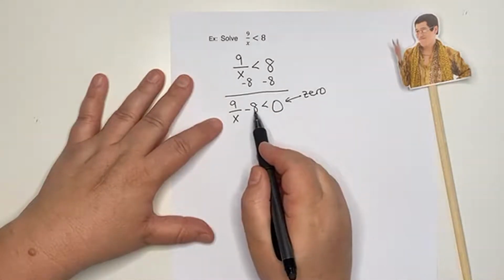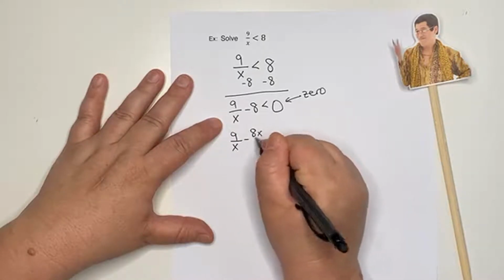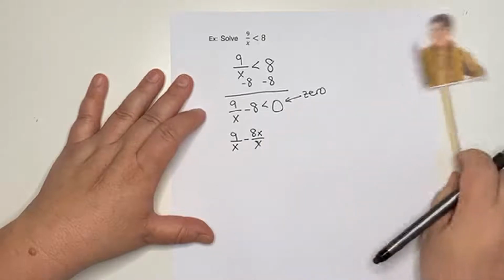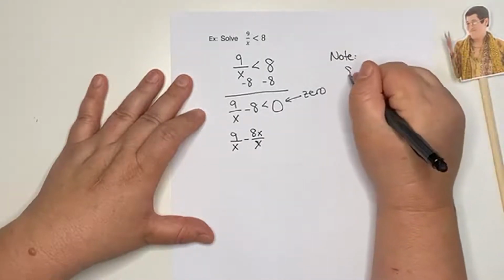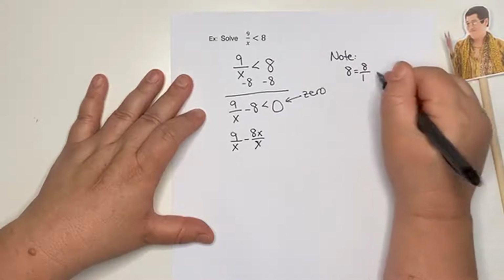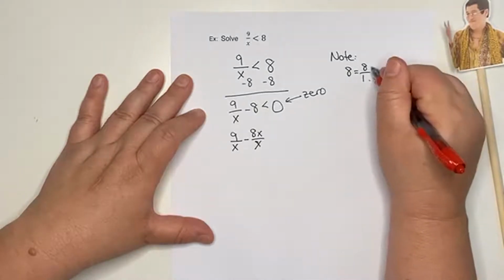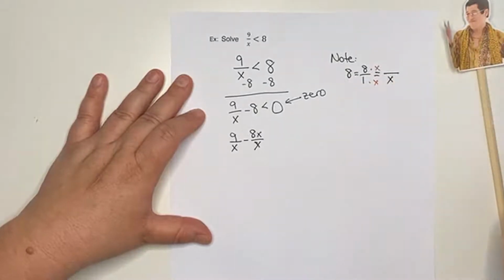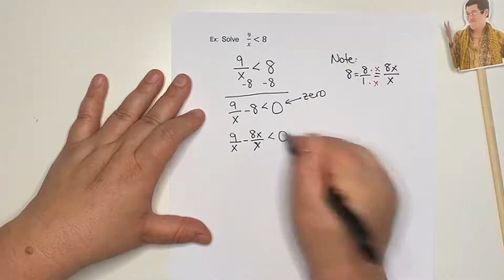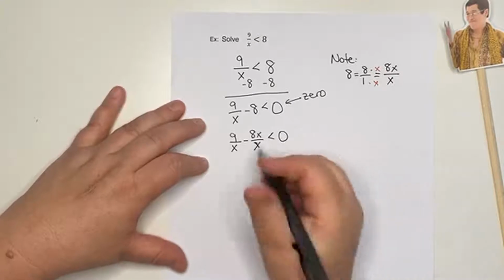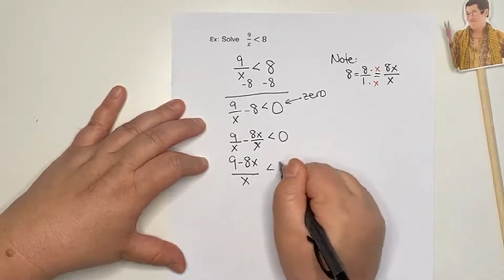So instead of writing 8, I'm going to write 8x over x. 8 is equal to 8 over 1, which if I want to convert that to over x, I have to multiply by x in the numerator and the denominator, so I get 8x. The other way to write this is 9 minus 8x all over x is less than 0.